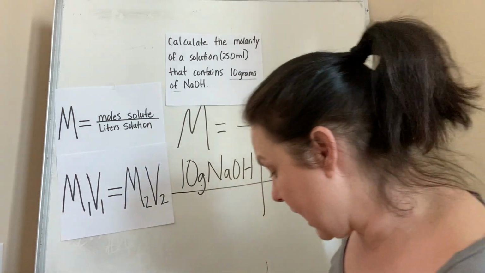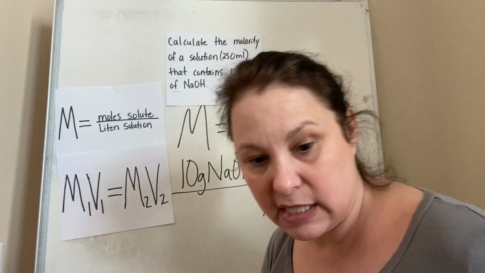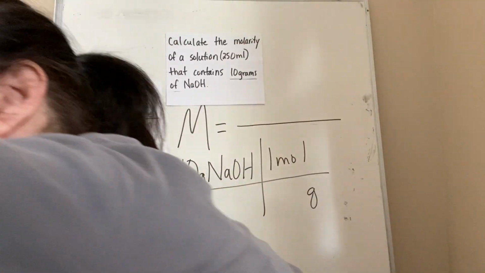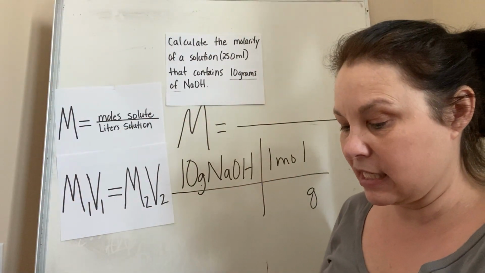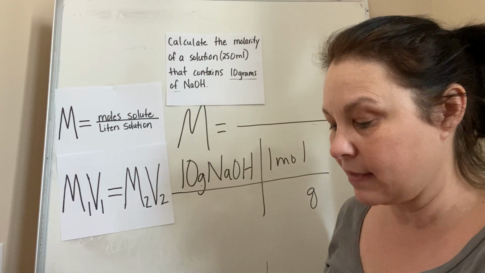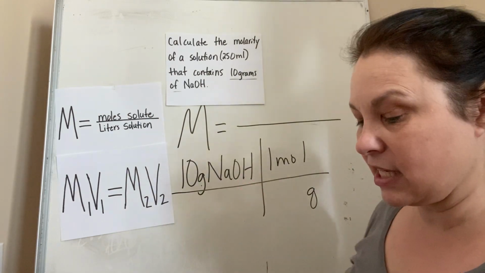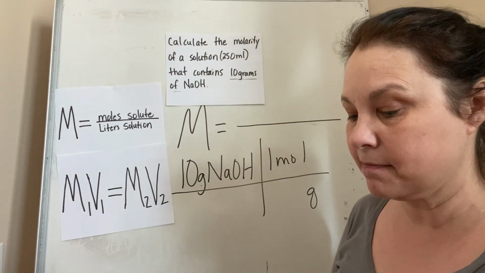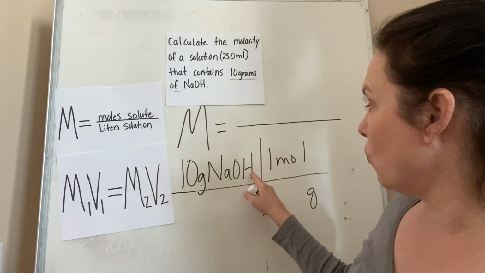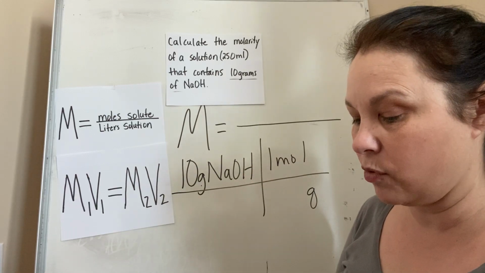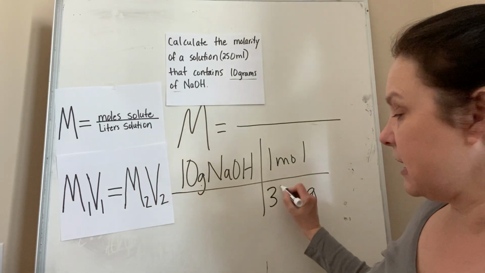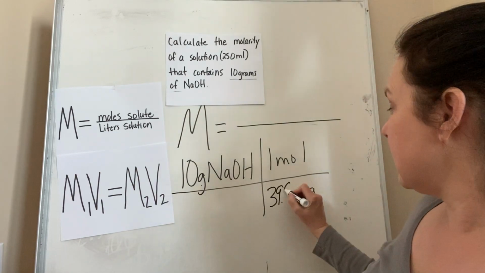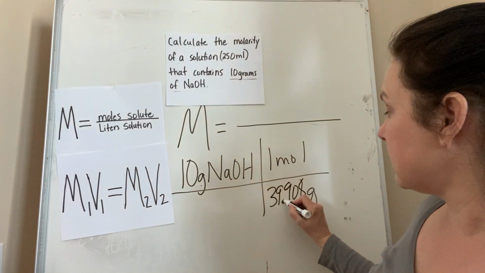So Na is, what did I do with my calculator? There it is. All right, so Na is 22.9, and then oxygen is an even 16, and plus 1 hydrogen is 1.008. All of that equals 39.908, okay?